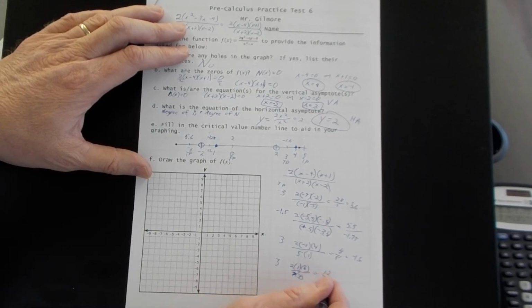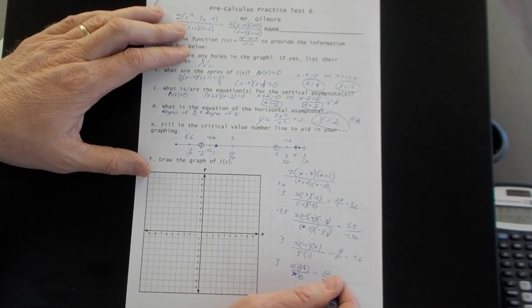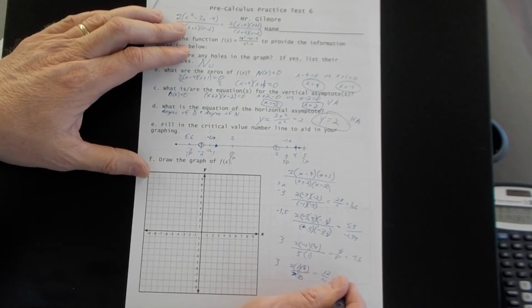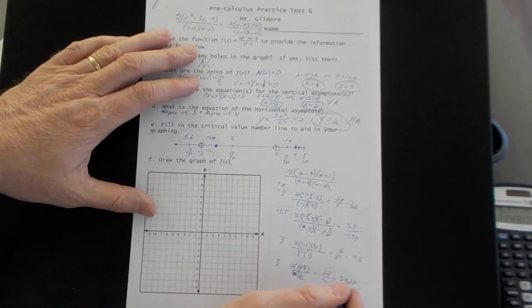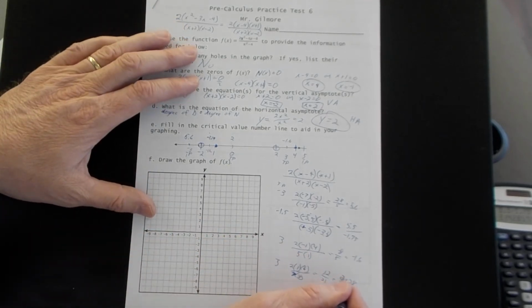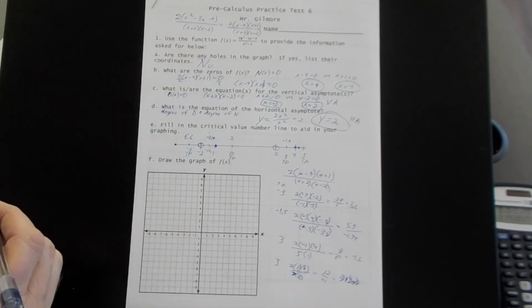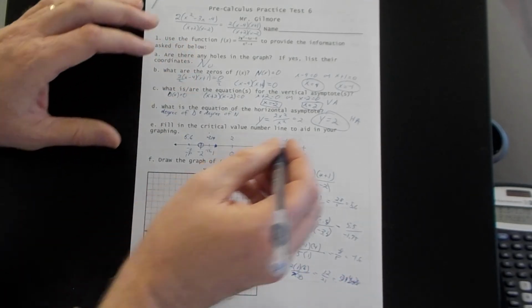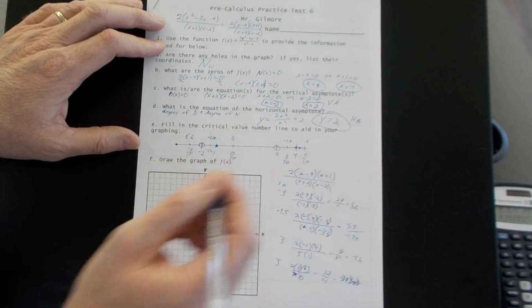So 12 over 21 is about 0.571428. I'll just use about 0.6.